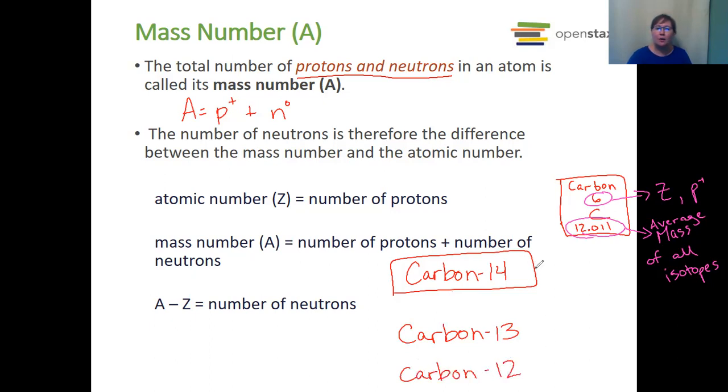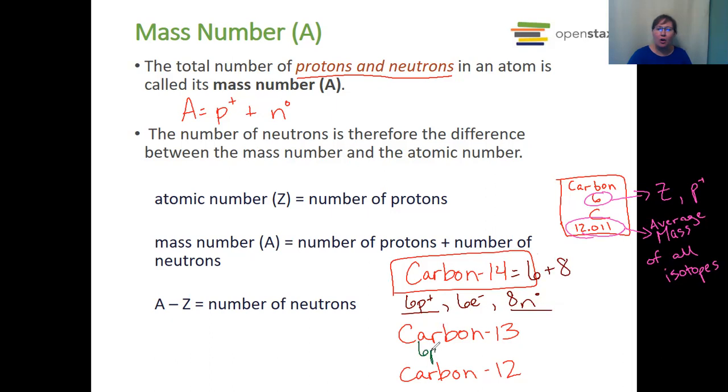Carbon 14, we had said in a previous slide, had 6 protons, 6 electrons, and 8 neutrons. Notice how this 14 is equal to 6 plus 8. Now we have carbon 13.